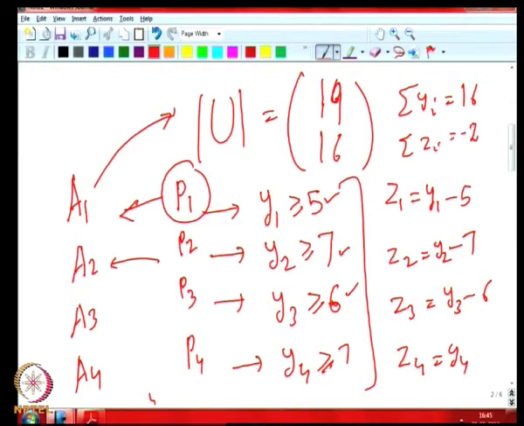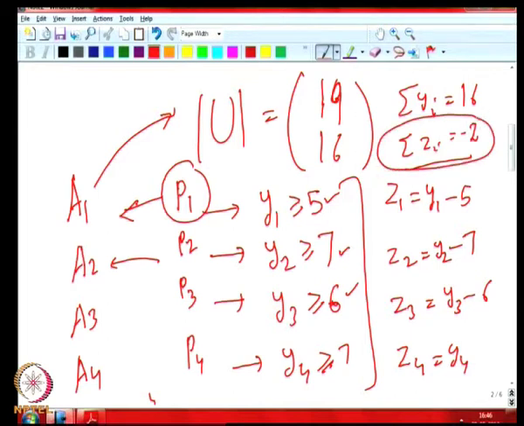So in that case we can apply our knowledge that all Zi's are nonnegative, and it's an infeasible thing we are asking for. If these things are defined, then the Yi's are adding up to 16, so these should add up to 16 minus 5 is 11, minus 7 is 4, minus 6 will be minus 2.